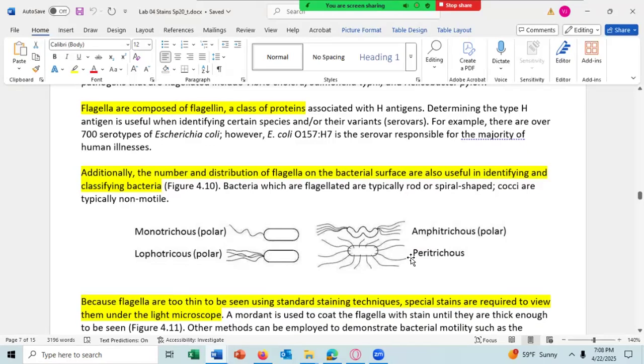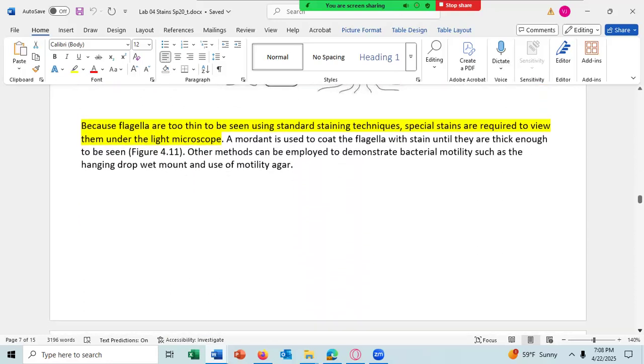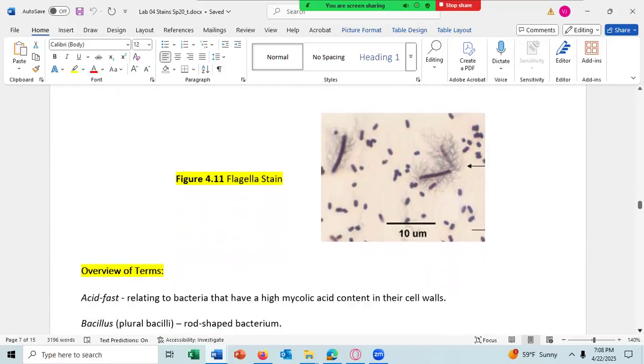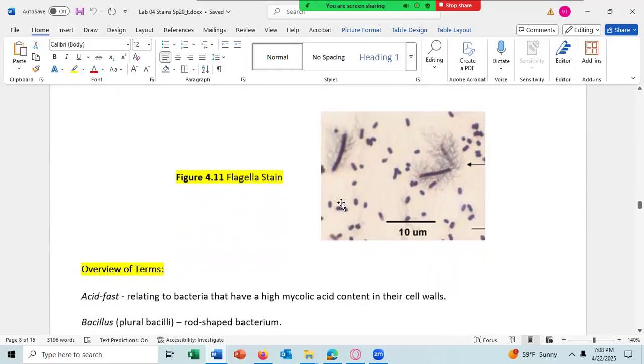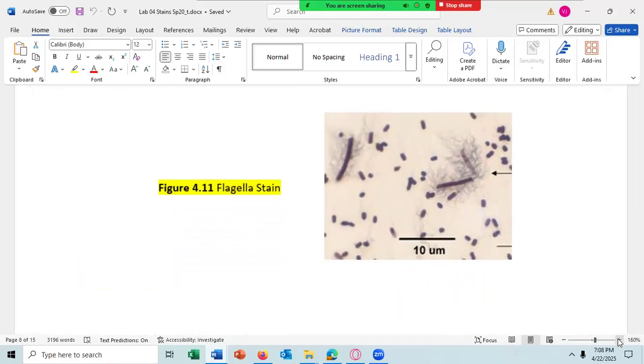So the flagella are too thin to be seen with standard staining techniques. So you require a special stain in order to see them. The flagella stain normally coats the flagella many times so that you can see the flagella.